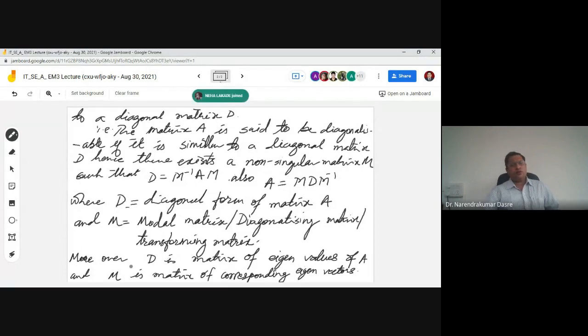So while writing D and M, we have to be careful. In which order are we going to write the eigenvalues? In the same order you have to write the eigenvectors.